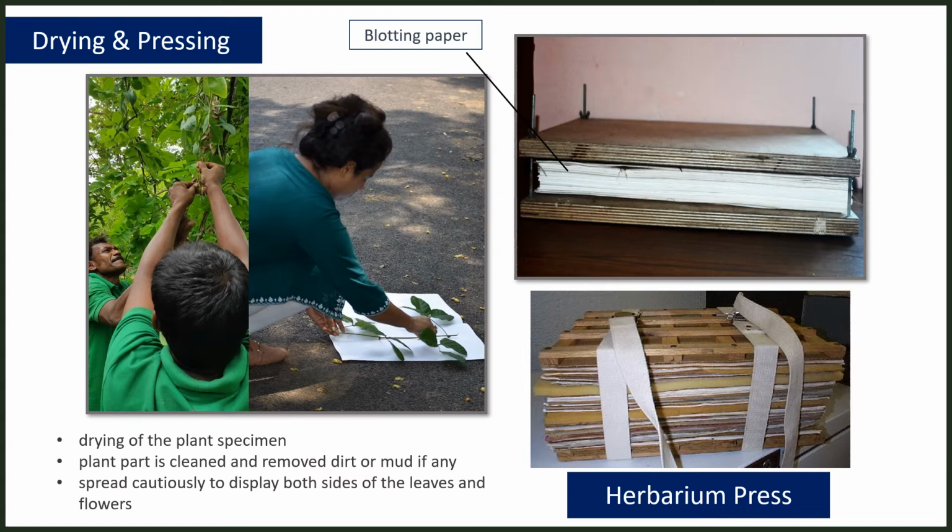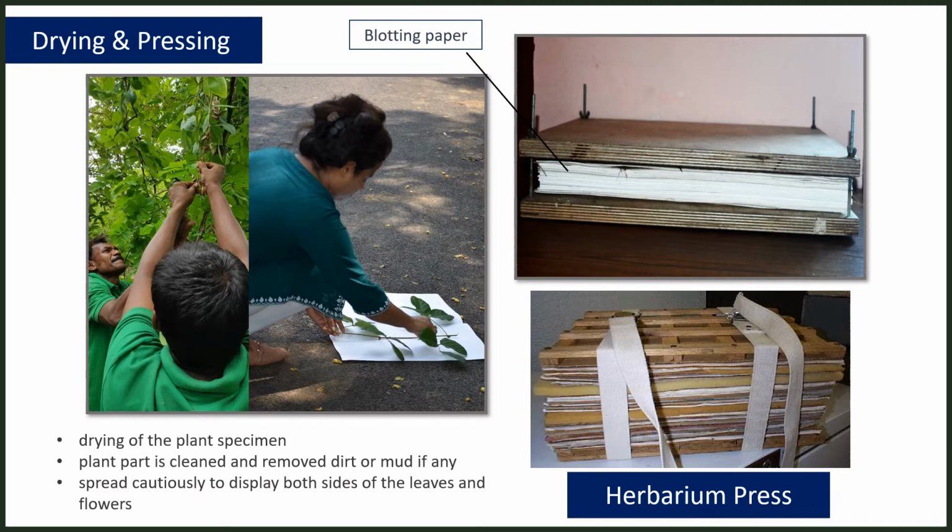So the stage after immediate pressing is the drying and pressing of the plant until it is in the form of a healthy dried plant specimen. For that purpose, you can make use of blotting paper or newspaper, whichever is available, but the best is blotting paper.